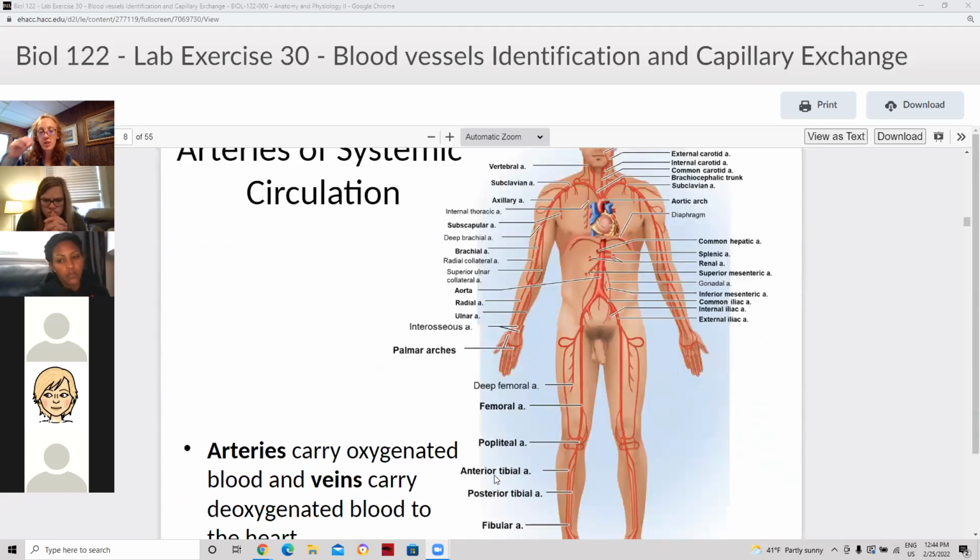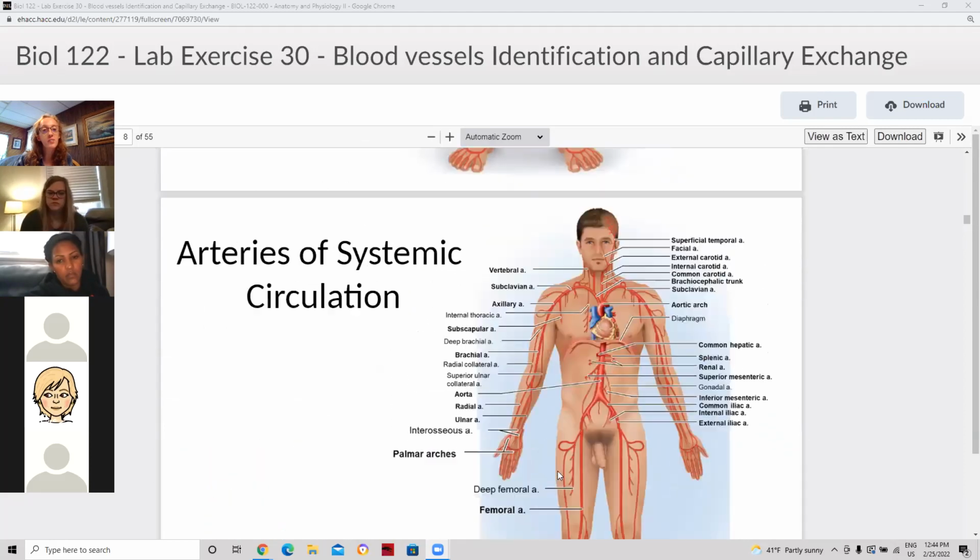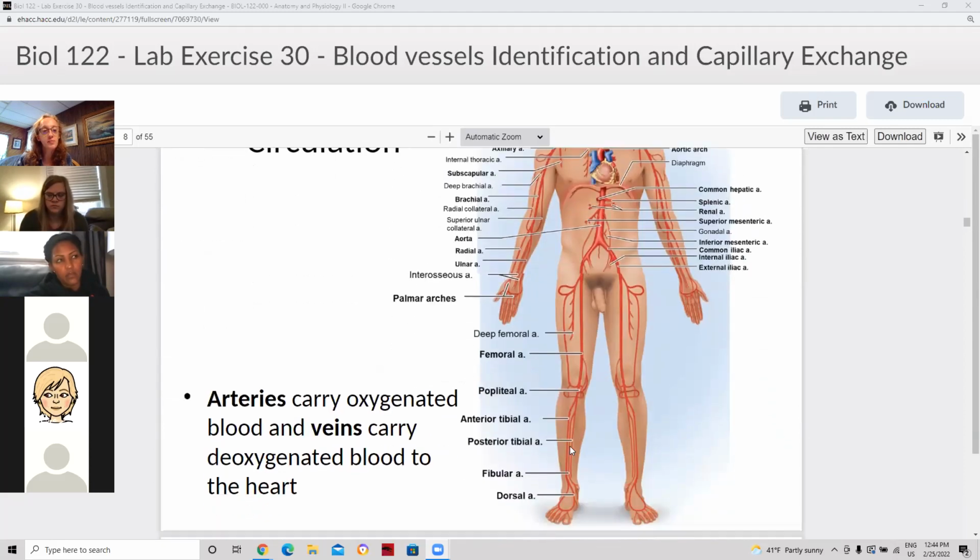So this is showing all those arteries one more time. And in the case of the systemic circulation, like Zena asked earlier, arteries are carrying oxygenated blood in this case, and veins are carrying the deoxygenated blood. So they tend to depict arteries as being red and veins as being blue.